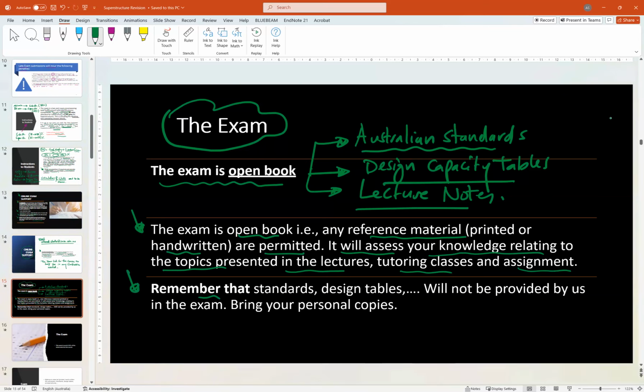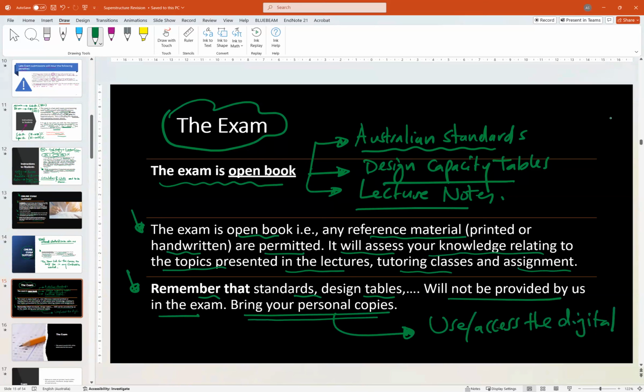Remember that the standard design tables will not be provided by us in the exam, so you need to bring your personal copy. This is for online, so you can use or access the digital copy of the standard and the tables. Okay, so the exam paper will not include the standard or the tables.